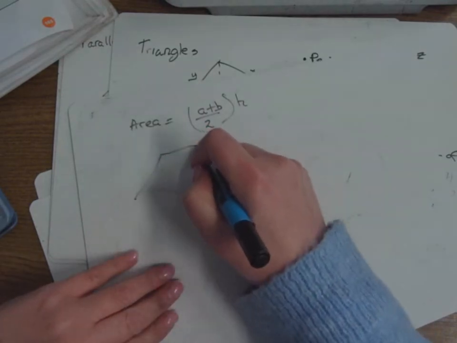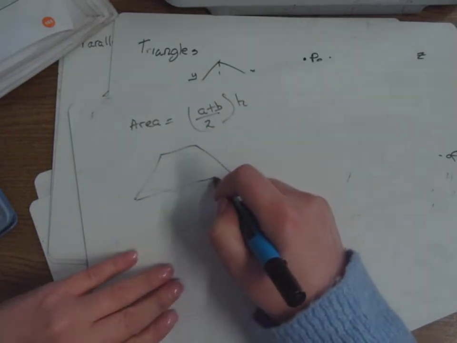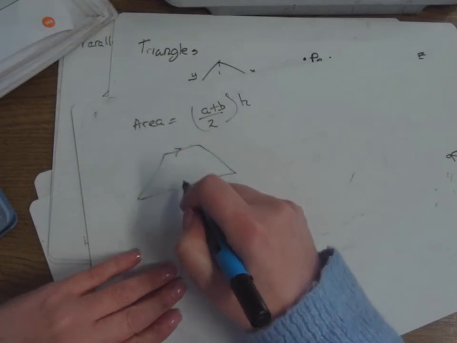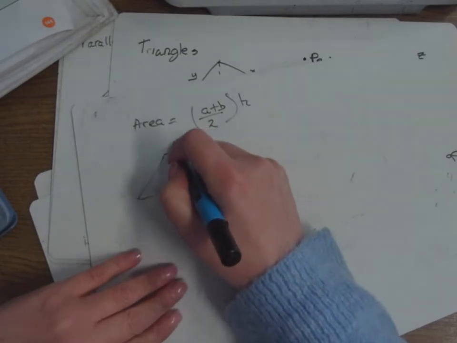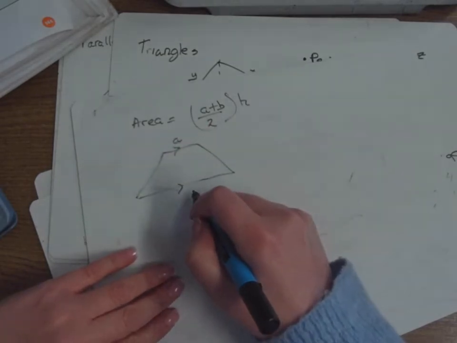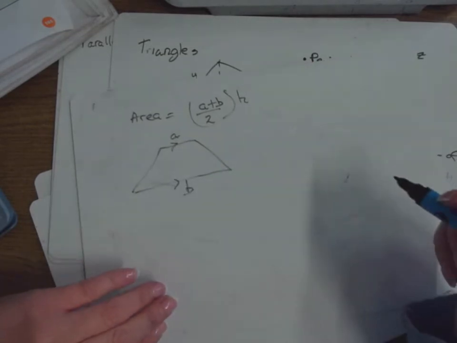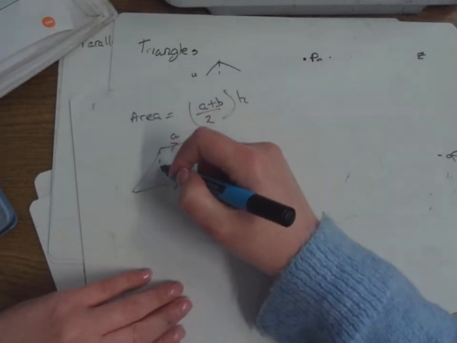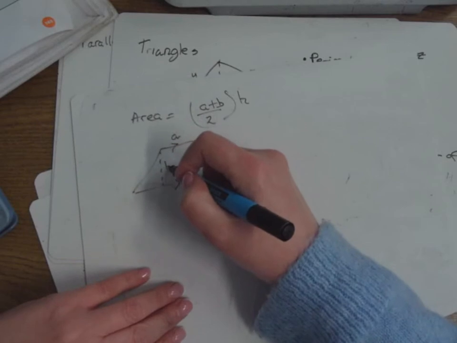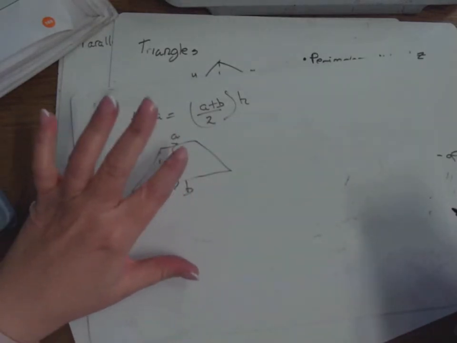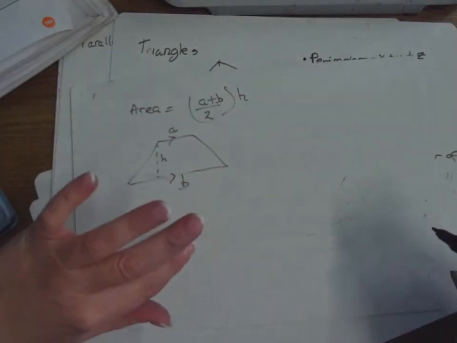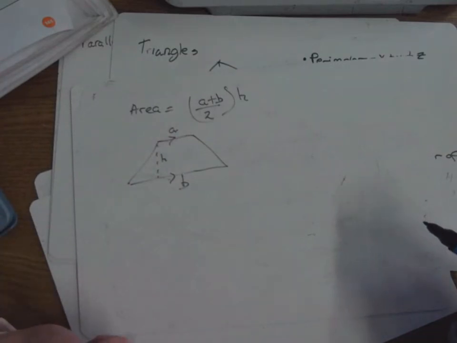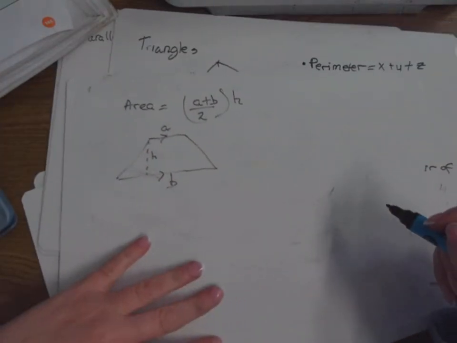So here's my trapezium. Right, okay. A is the length of one of the parallel lines, b is the length of the second parallel line, and h is the height between them. Okay, so A is the length of one of the parallel lines, B is the length of the other parallel line, and H is the perpendicular distance between them.